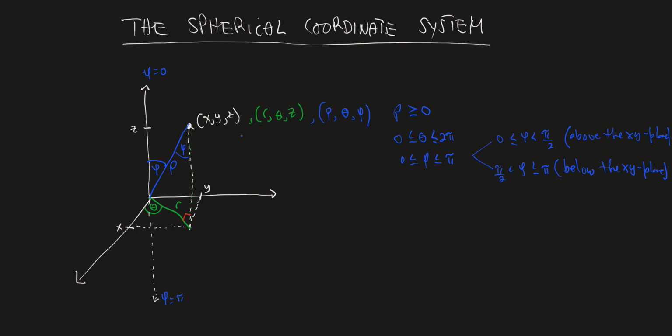But what I'm going to do is use the cylindrical coordinate system as the middleman. The reason is because the cylindrical coordinate system and the spherical coordinate system use the same theta, right? So it seems to make sense that if I know how to get from the white to the green, maybe the green can then help me get to the blue, and then we'll see what the relationship is.